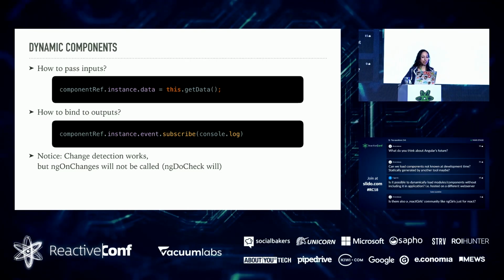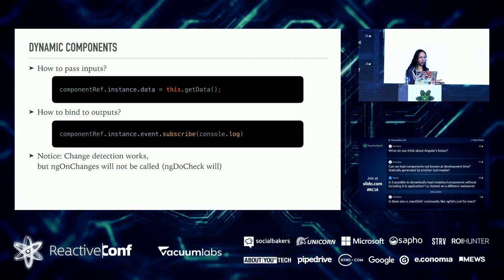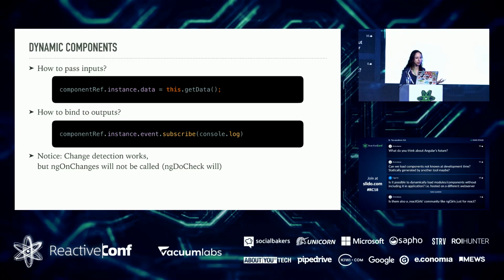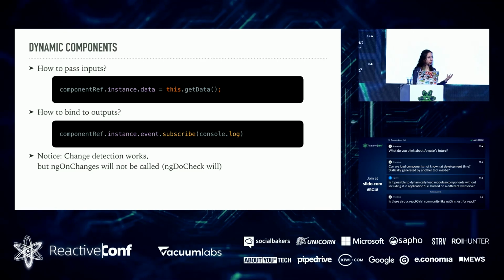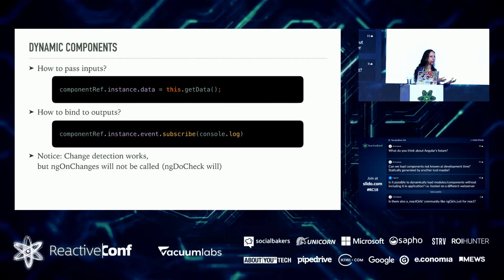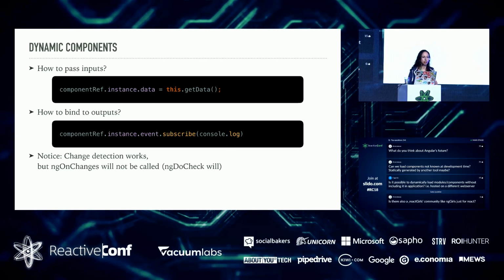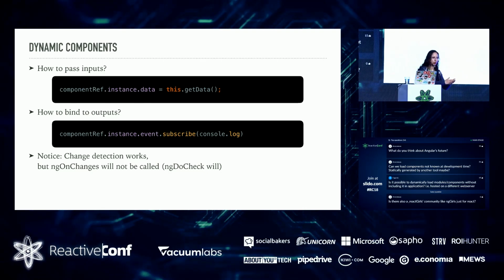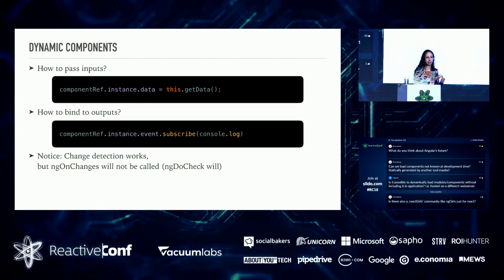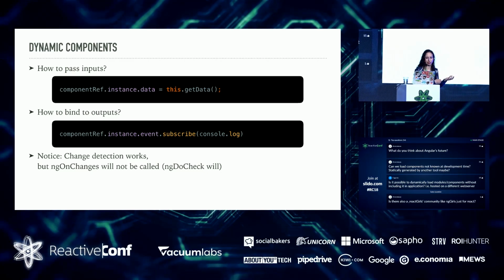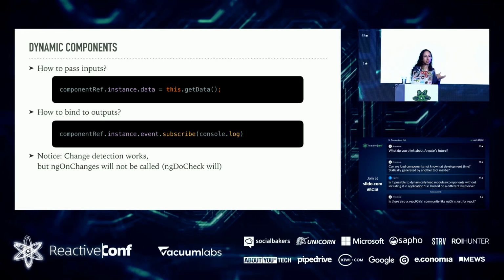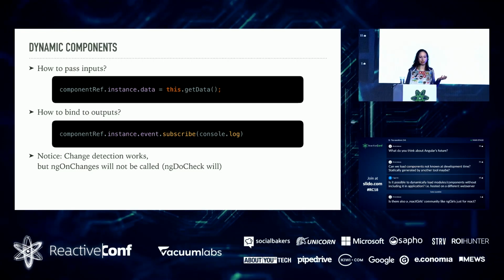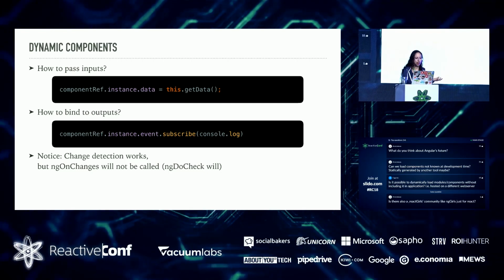Now, we can bind inputs and outputs to the dynamic components because we have the instance of the ComponentRef, of the component itself, and we have everything on the instance. So we can go directly, and whatever is public on this component, we can change the data or bind to it if it's events.